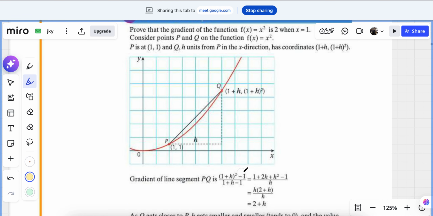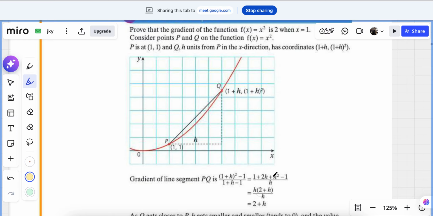We substitute into the gradient formula. y2 is (1 plus h) squared, minus y1, which is 1, over x2, which is 1 plus h, minus x1, which is 1, giving h at the bottom.